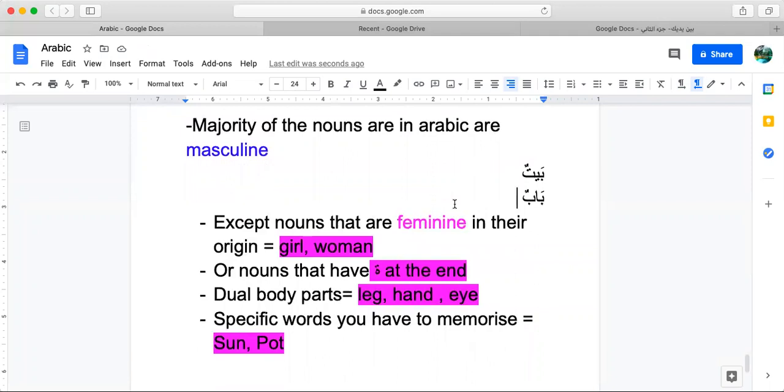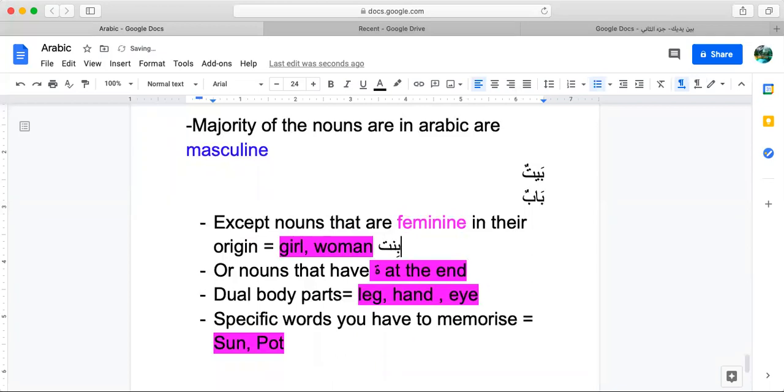But how do we know that? We know the majority are masculine, except if there are certain reasons why it's feminine, the reasons that we mentioned, except nouns that are feminine in origin. For example, a girl. How do you say girl in Arabic? Bintun.